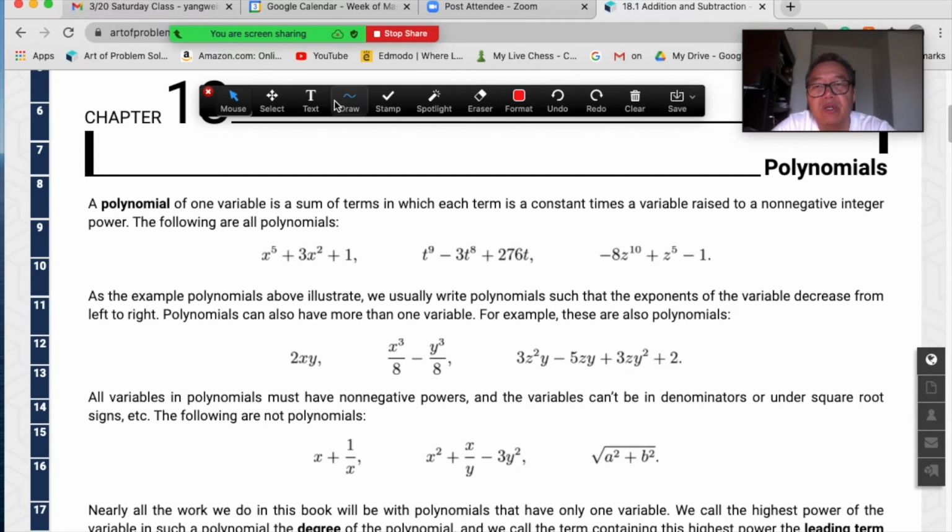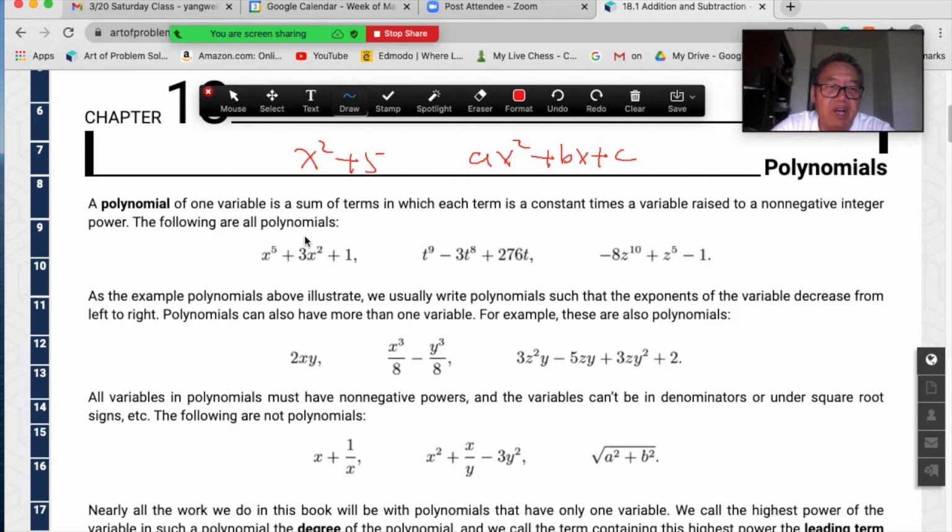That's also a polynomial. Like x squared plus 5. This is a polynomial. You can also write it like ax squared plus bx plus c. This is a polynomial. So what is a polynomial? A polynomial means you have at least one variable.